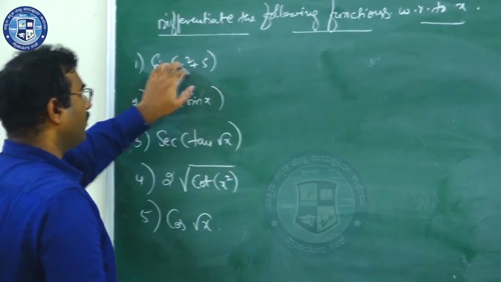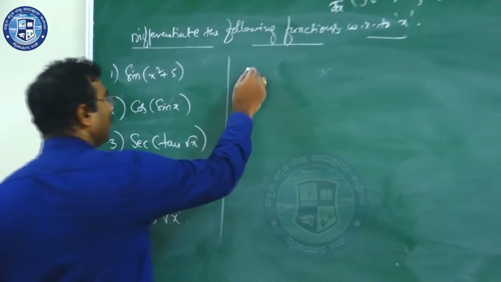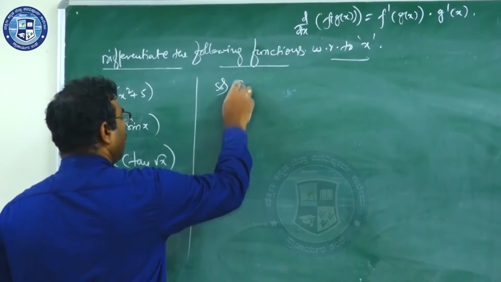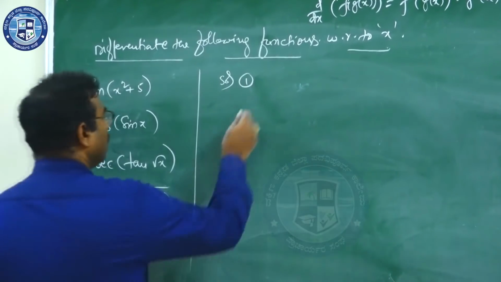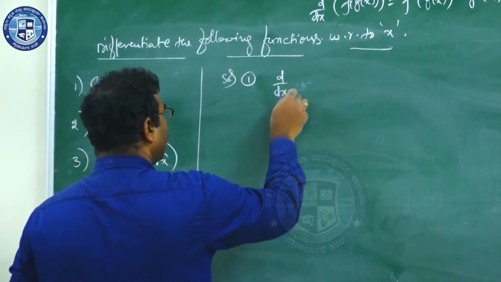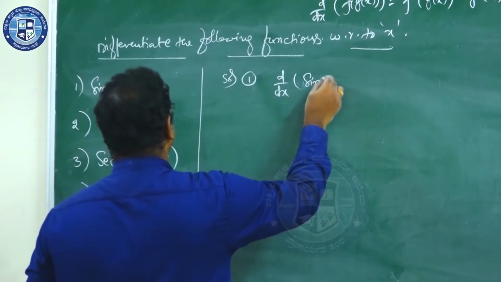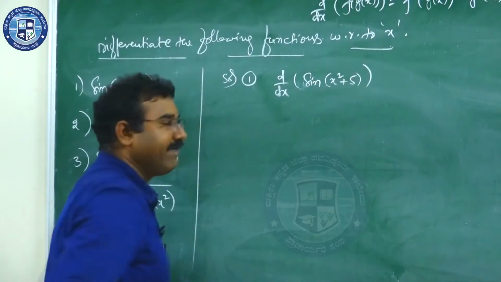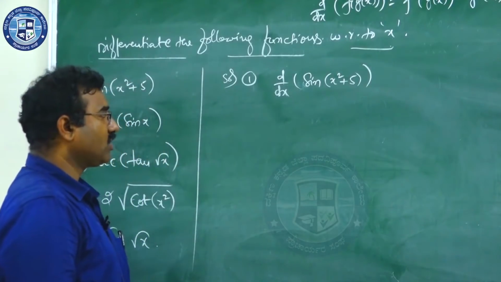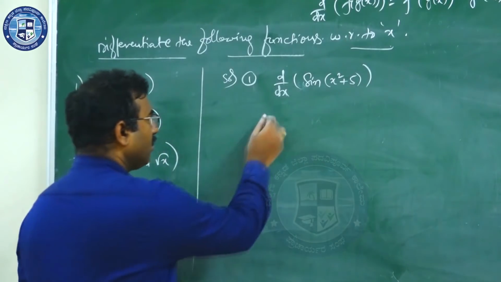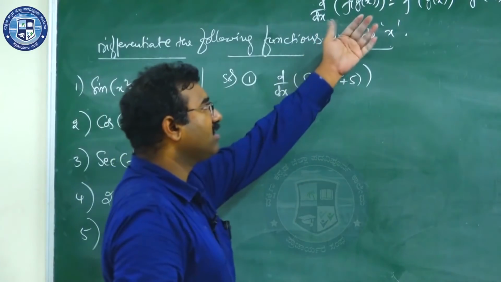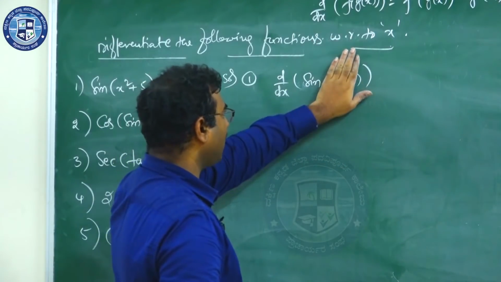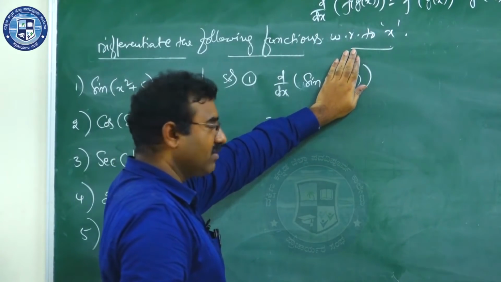See that first one. Solution to the first problem. d by dx of sine of x square plus 5. By this chain rule formula, what I can do, first I apply it for the outer function sine.